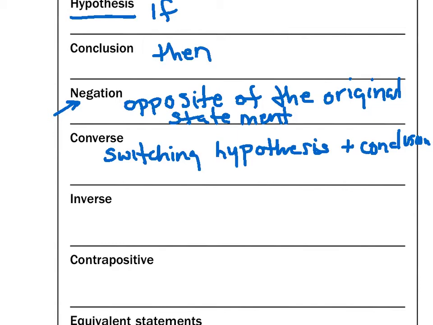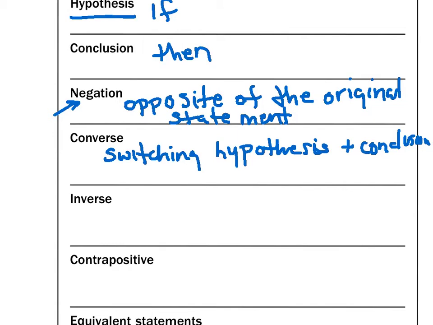So hypothesis might be, if today is Tuesday, then I will eat a TV dinner. The converse of that would be, if I am eating a TV dinner, then it's Tuesday. Again, they may or may not be true. So just because you write a converse of a true statement doesn't mean the converse itself is true.